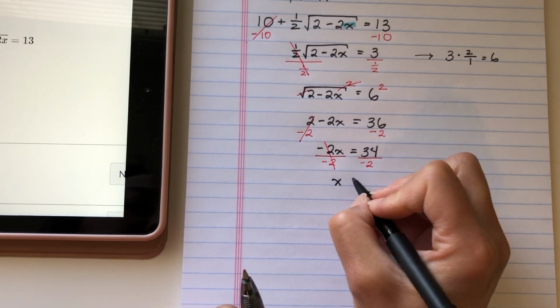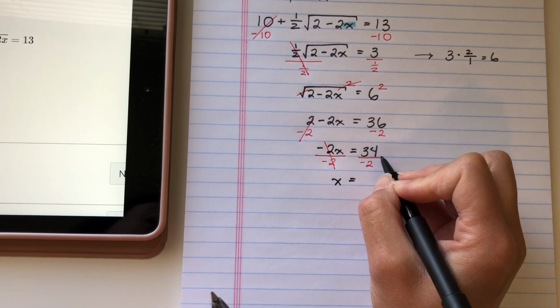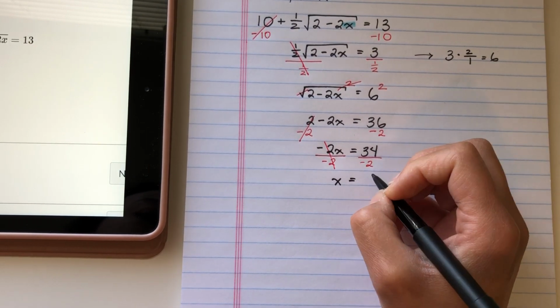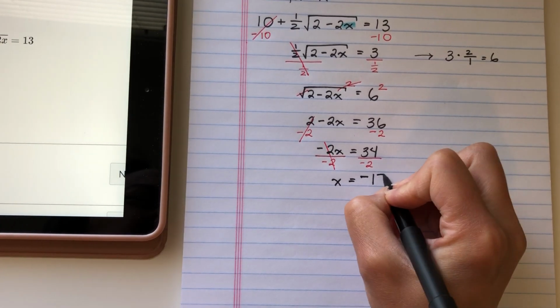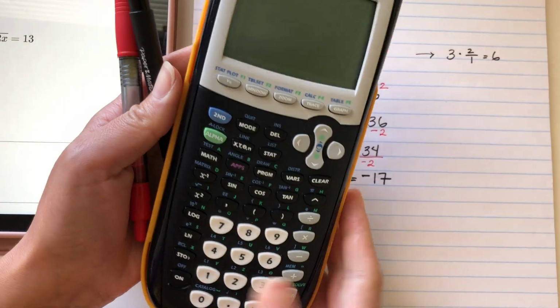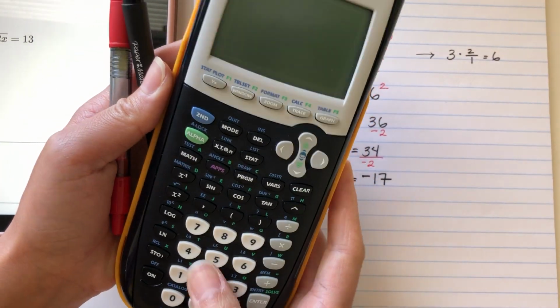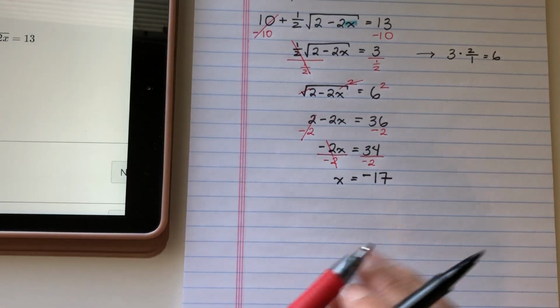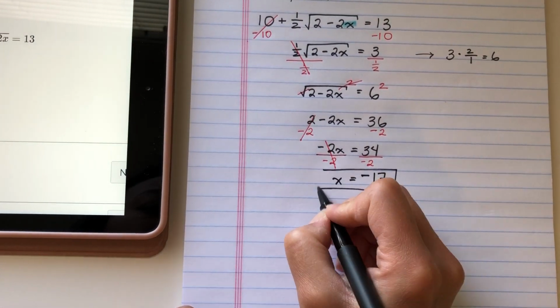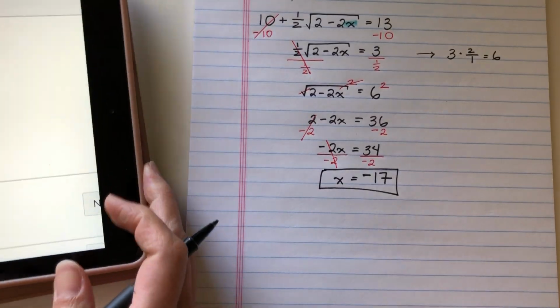Then I get x equals 34 divided by -2, which gives me -17. I always have to double check because sometimes my brain is just not on. -17. So that tells me my x value is going to be -17.